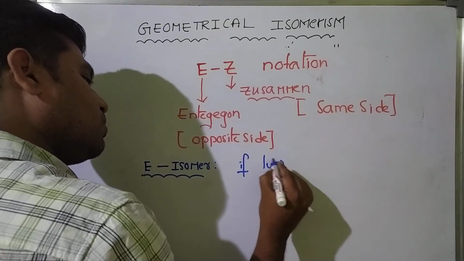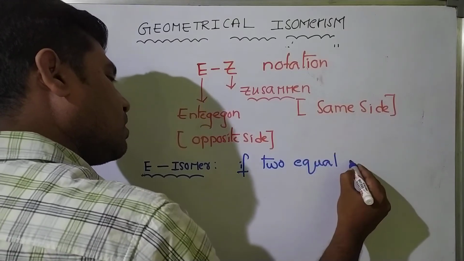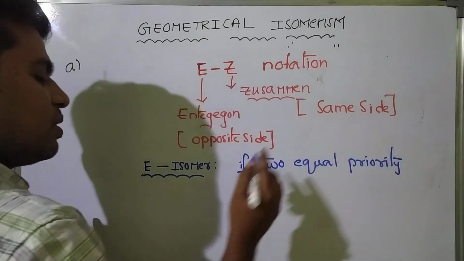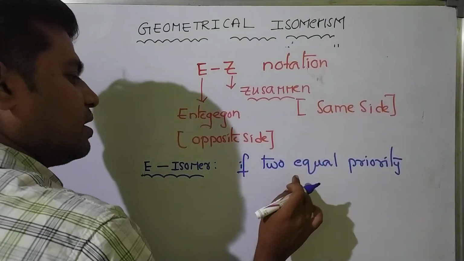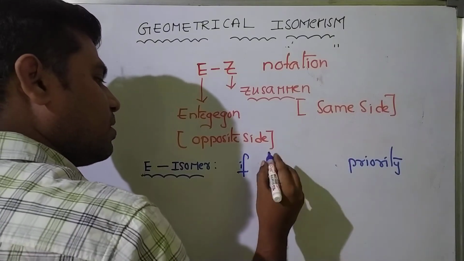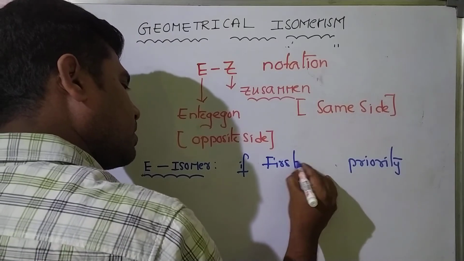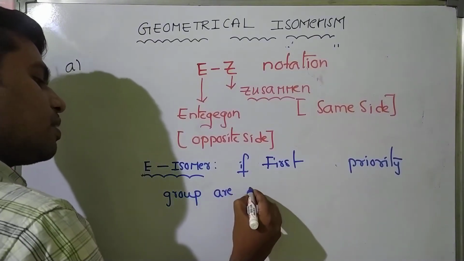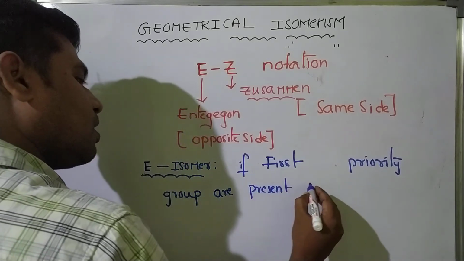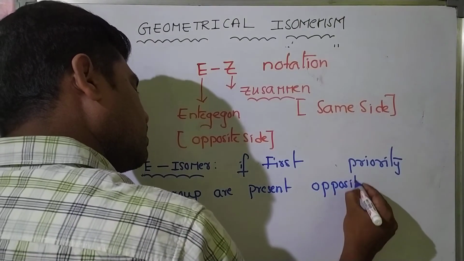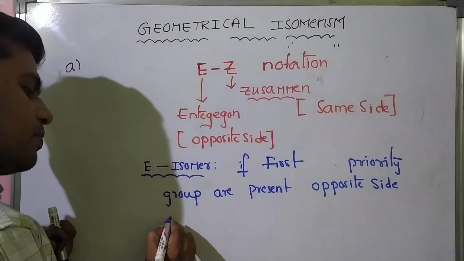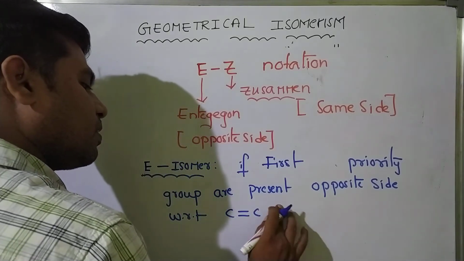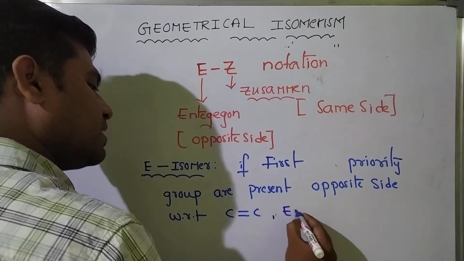So E isomer means if two first priority groups are present on the opposite side with respect to the carbon-carbon double bond, then it is called E isomer.